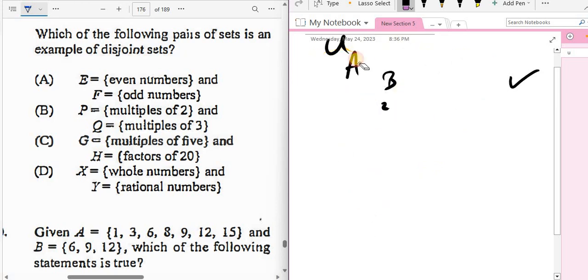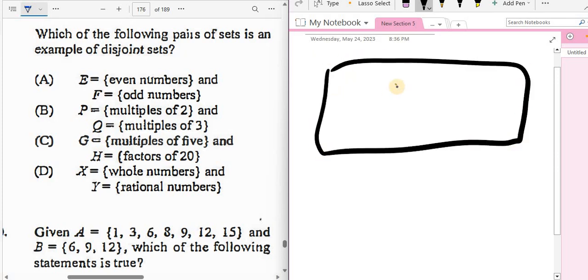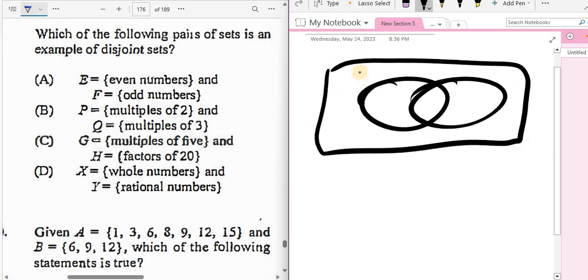Alright. Now for the intersection, I want to differentiate it. Like in this case, this is an example of P and Q, because they have members in common, but they also have members that are not in common, isn't it?